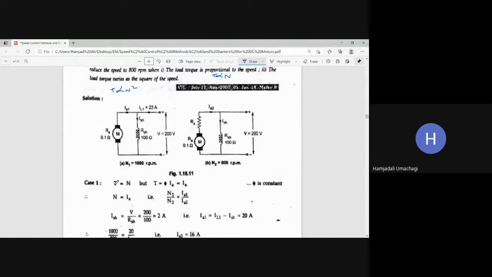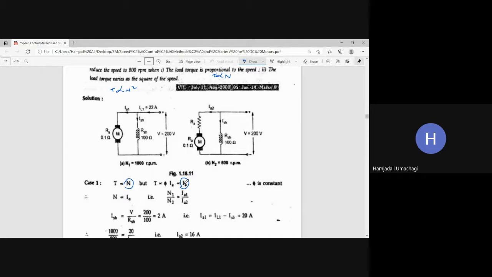So in the first case, torque is proportional to speed, and in the second case, torque is directly proportional to Ia. So using this, what is the judgment here? Here also torque is on the LHS, then on the other side, here N and here Ia.